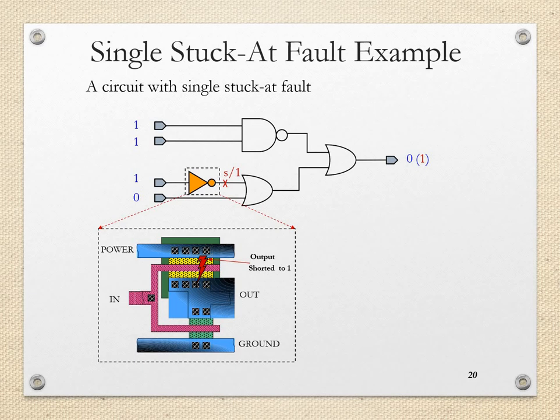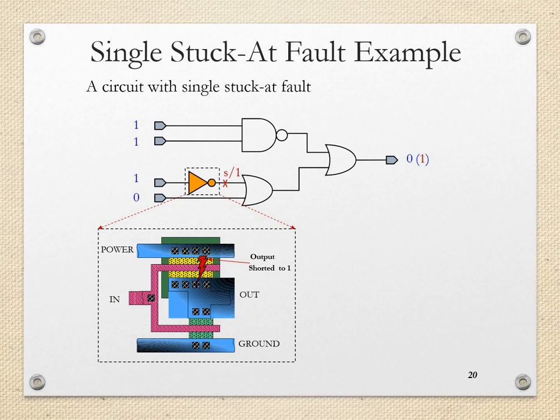So the set of inputs is shown in the diagram. To the first NAND gate, we have given the inputs 1, 1. And to the second OR gate through the inverter, we have applied logic 1 as one input and the other input is 0. So if the input is 1 and the inverter output is permanently stuck to 1, what will happen?